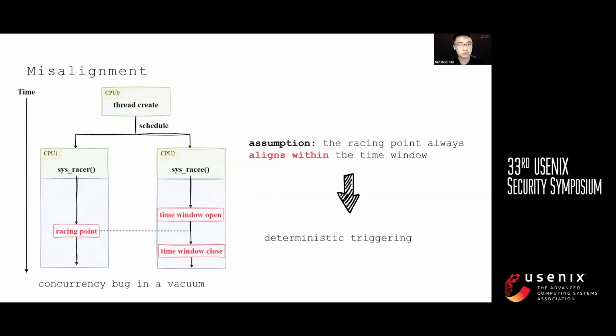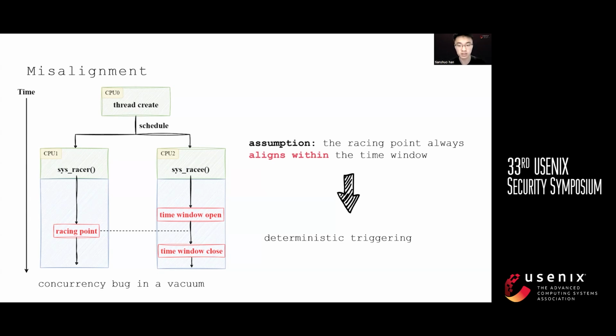The core of this study is a newly identified factor, misalignment. Let's first consider an ideal scenario where we assume that the racing point will always align within the time window when the racing syscalls are invoked at the same time. In this case, we will find that every attempt to trigger the bug will succeed, and concurrency bugs will be deterministic, just like non-concurrency bugs.